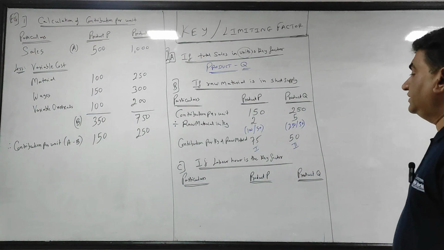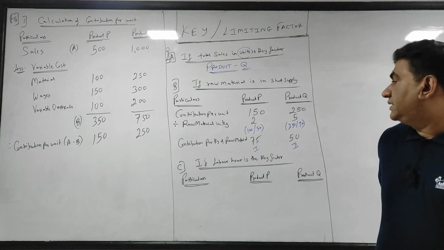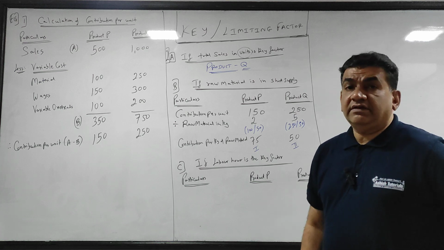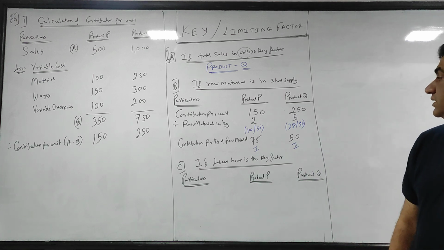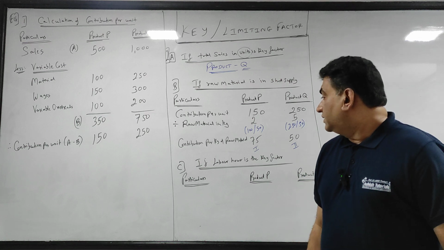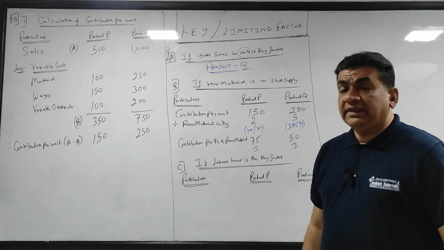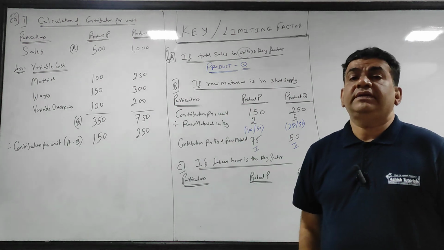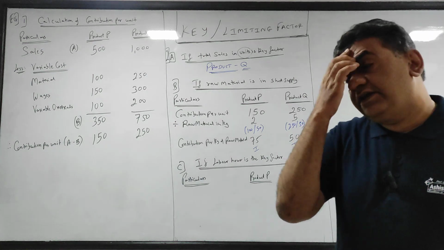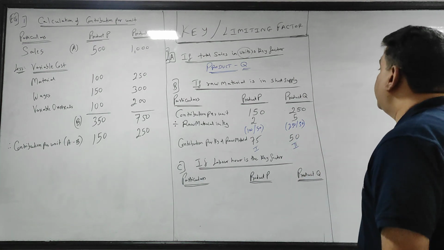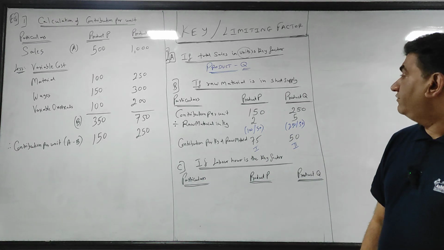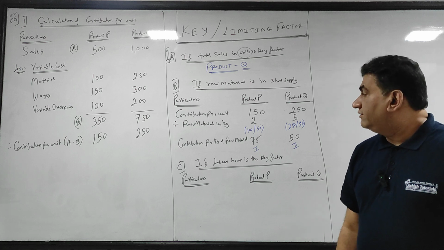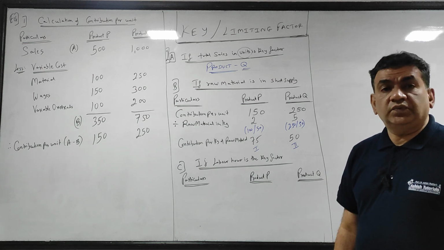In the given case, since product P has a higher contribution per kg of material, product P will be preferred over product Q.